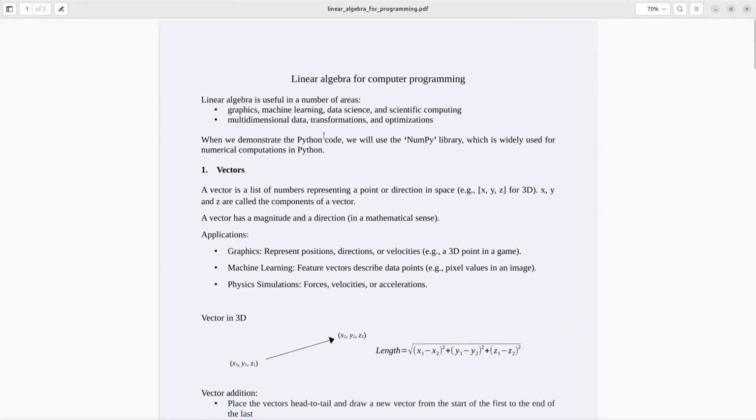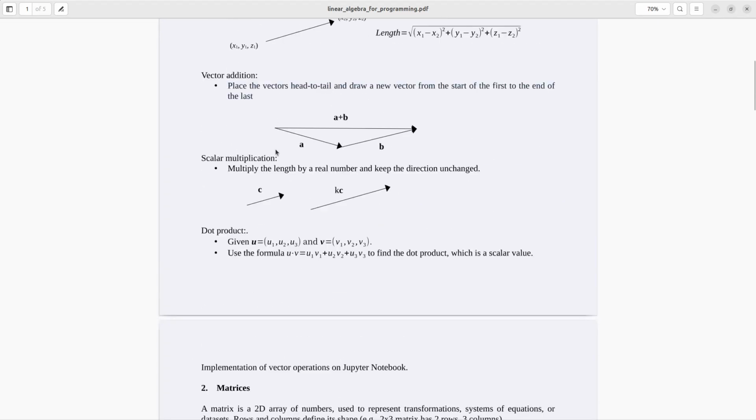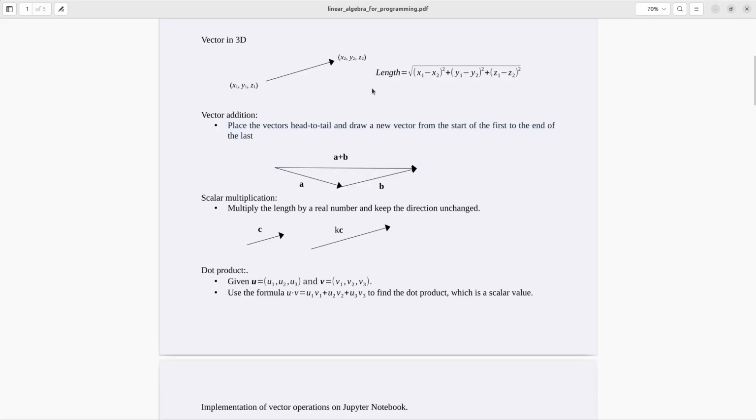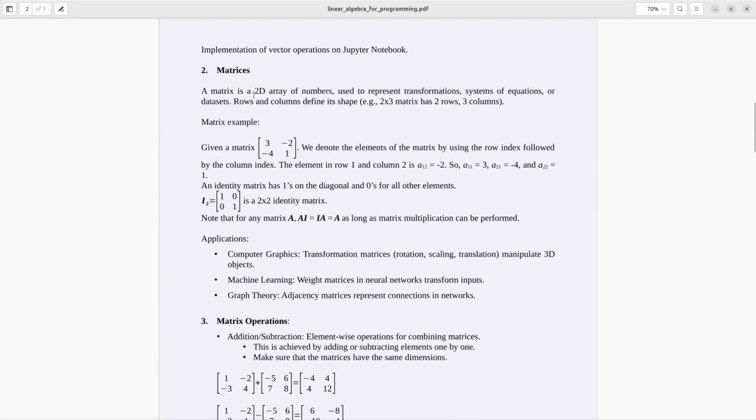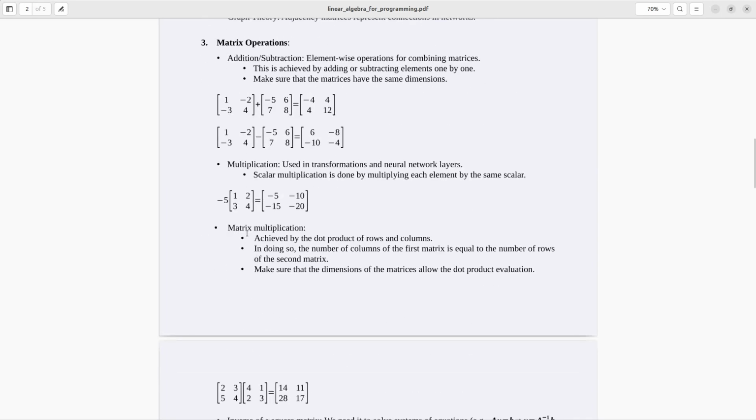so this video has discussed some properties of linear algebra that are essential for us to do computer programming. So we have learned vectors, and we can do the addition, subtraction, scalar multiplication and the dot product quite easily. And we can get the length of the 3D vector. And also we have learned something about matrices. We can handle the addition, subtraction, scalar multiplication, and matrix multiplication.